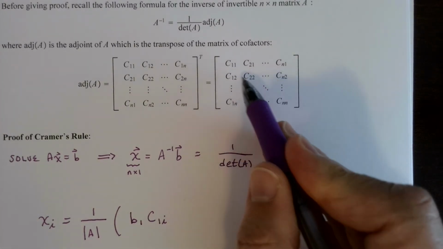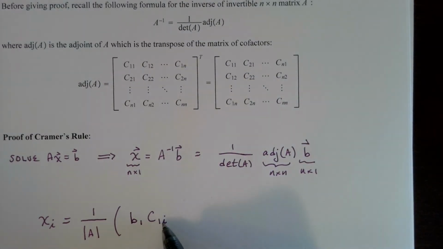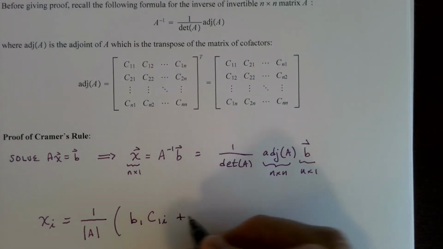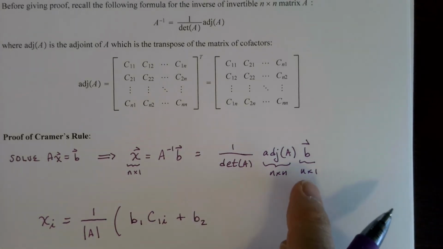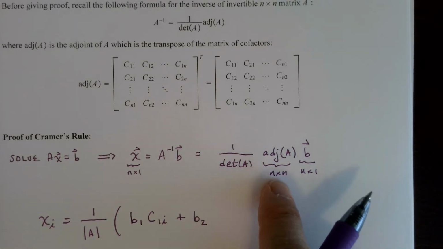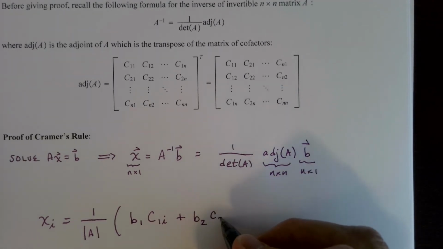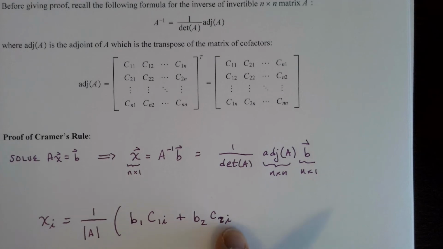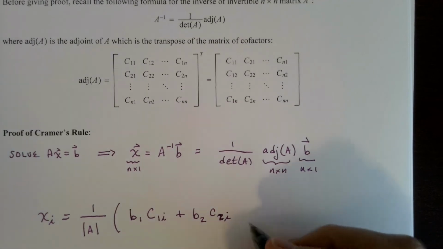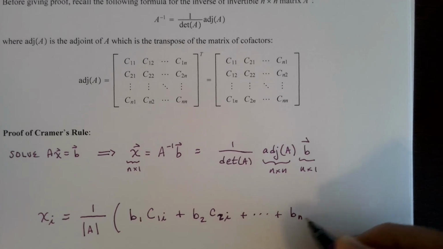So the second number goes with the row, essentially. Do you see that? So the ith row here. The next entry is B sub 2 in the column, times the second entry in the ith row of the adjoint of A. That's C2i. So again, the second entry in the ith row. Why is it not Ci2? Because we did that transpose here. And so on. That continues down till we get to the last entry in the vector B, which is B sub n times Cni.